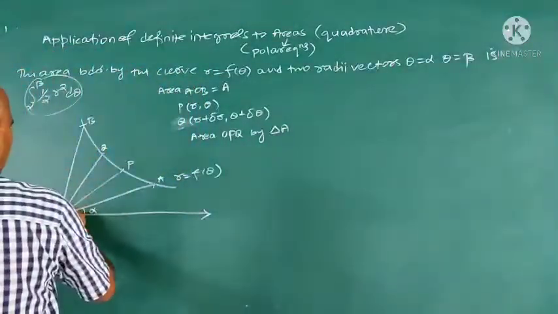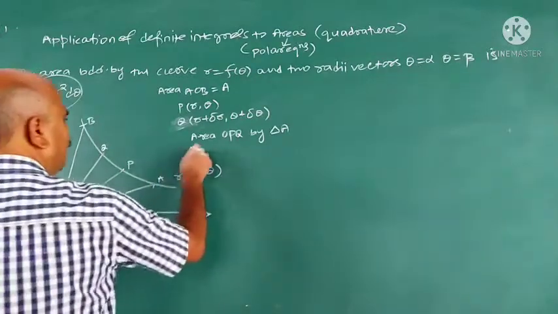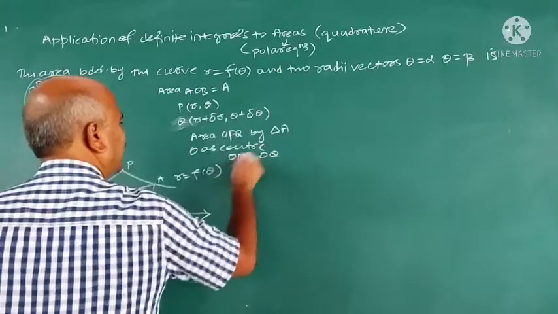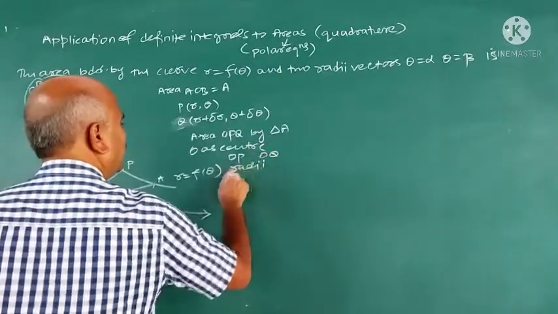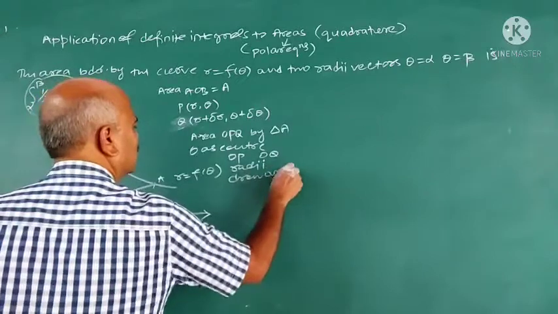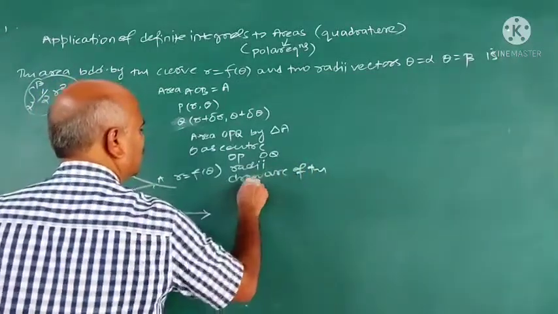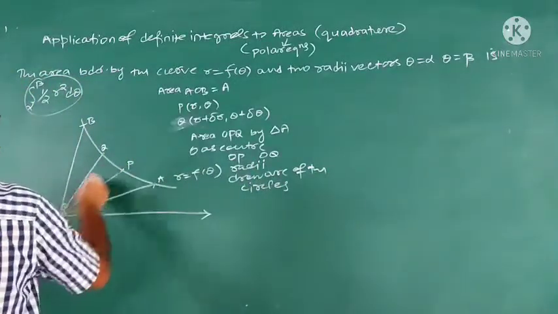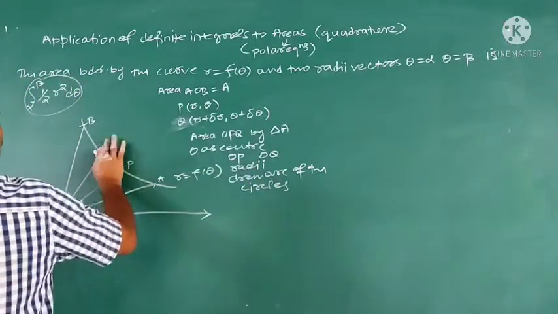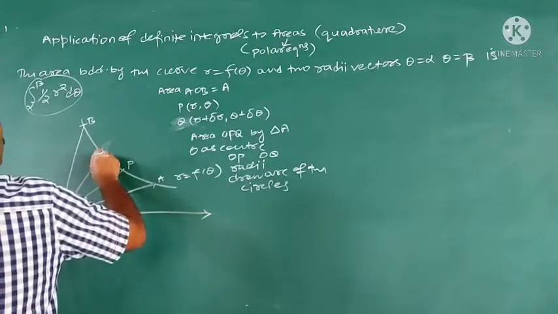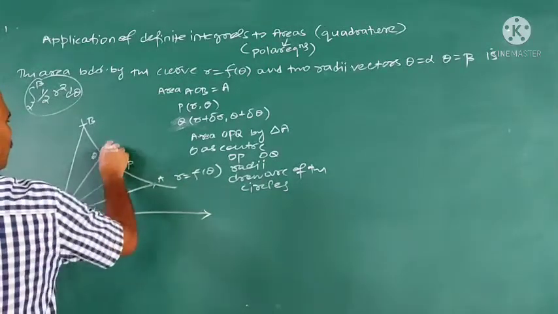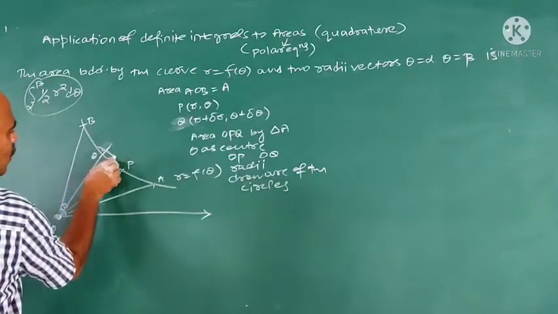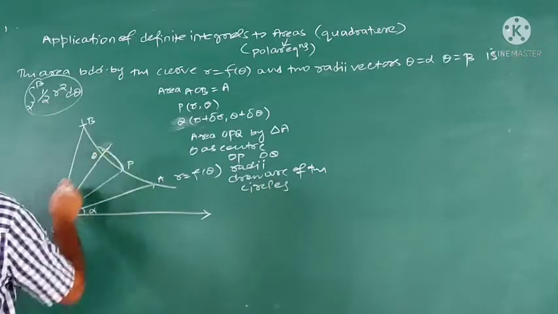For that, with O as center, OQ as radius, draw arc of the circles. With OP as radius, O as center, if I draw a circle, then it meets OQ here.